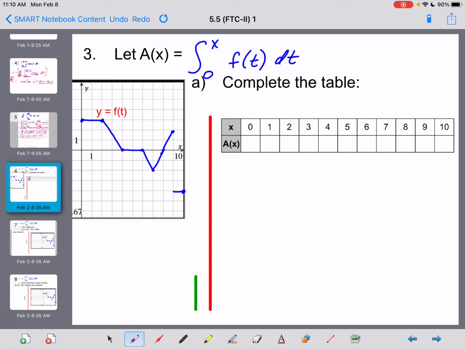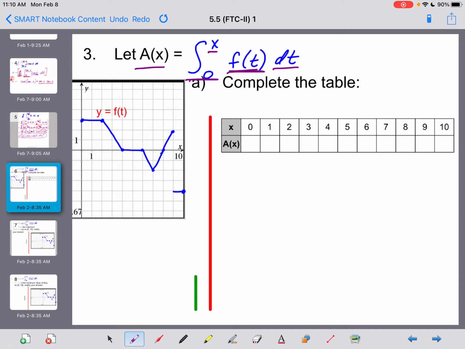They have defined a function here, A of x, as being the definite integral from 0 to a variable here, x, of another function, f of t, taken with respect to t. Now, as this problem exists right now, nothing here should jump off the page and tell you use FTC part 2.